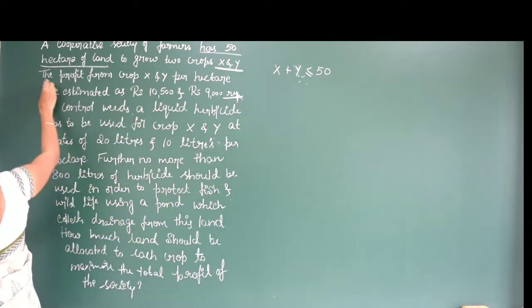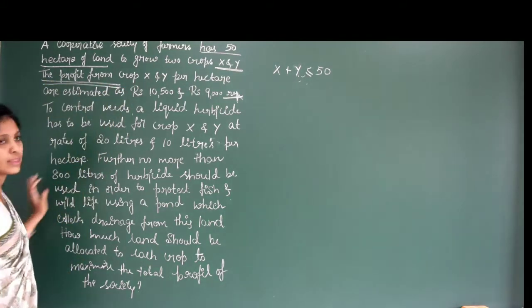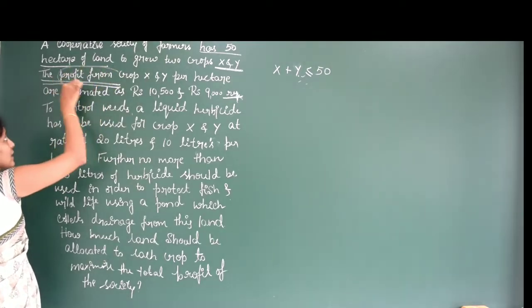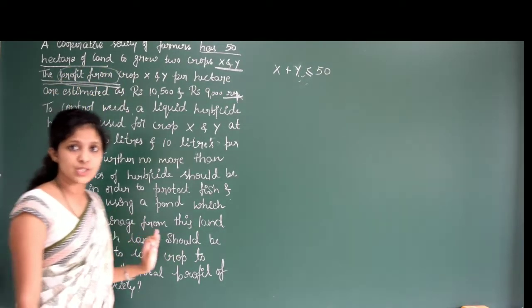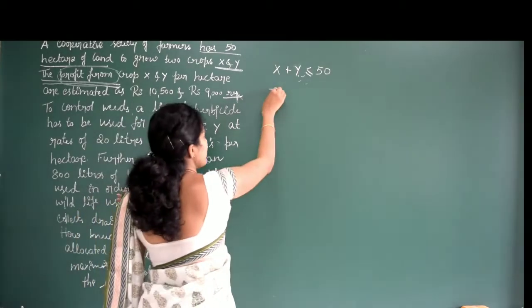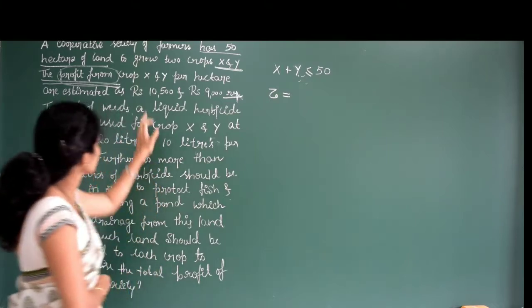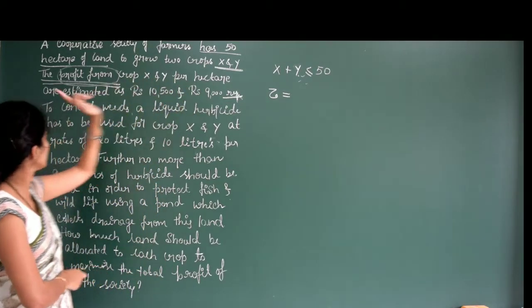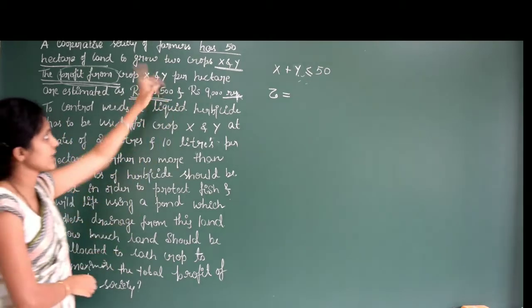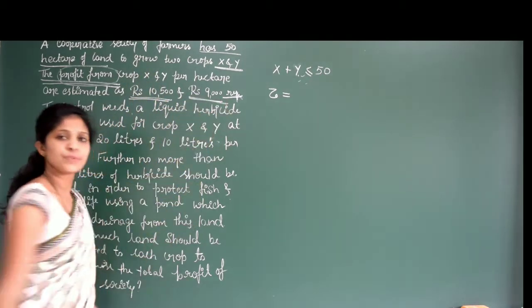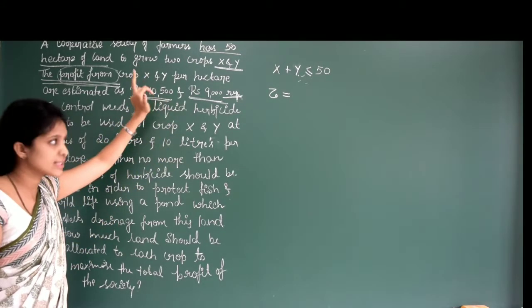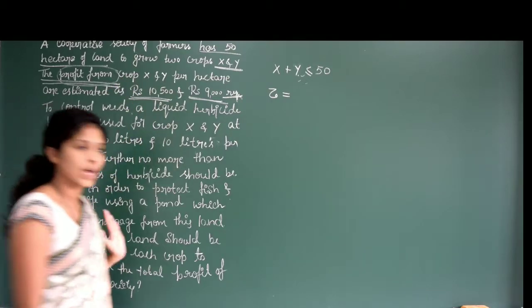Next, what is given? The profit from the crop. Profit means it will always give you Z, the objective function. Remember that profit means it will be Z. By using that profit we can write Z is equal to what? The profit from X and Y per hectare is estimated as rupees 10,500 for X and rupees 9,000 for Y. So Z will be 10,500 X plus 9,000 Y. Is it clear?